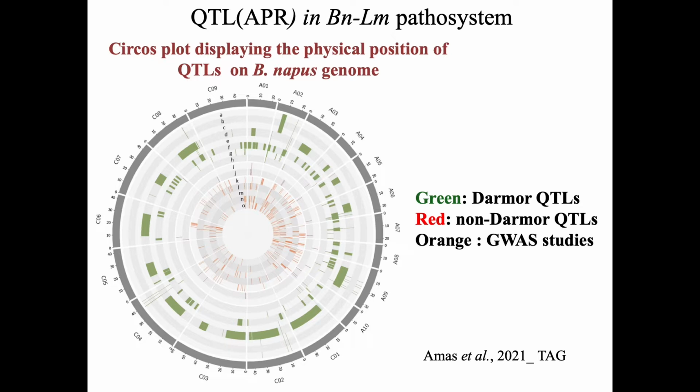The graph shows the location of major QTL as green, non-major QTL as red, and QTL that have been identified through GWAS studies as orange. So it shows how extensive the studies conducted in past decades have been, and there are several QTLs that have been identified.